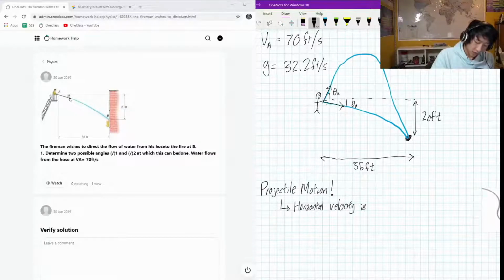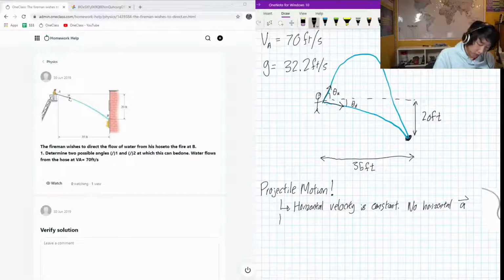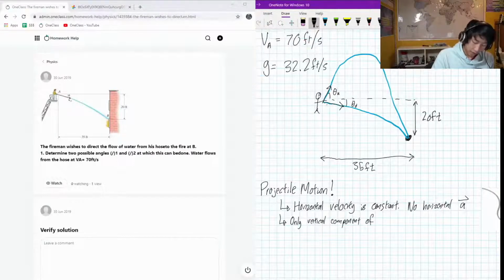There is no horizontal acceleration. Only the vertical component of the velocity is going to change.